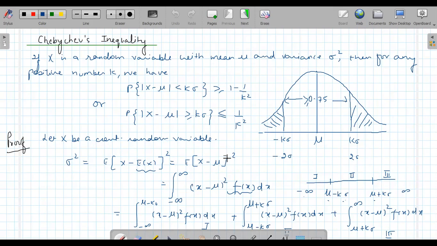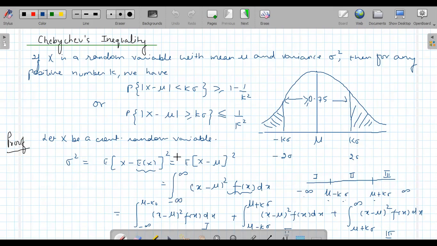So expected value of x minus mu whole square will be obtained by using probability density function for a continuous random variable. So we integrate from minus infinity to plus infinity the product of x minus mu whole square into fx dx.